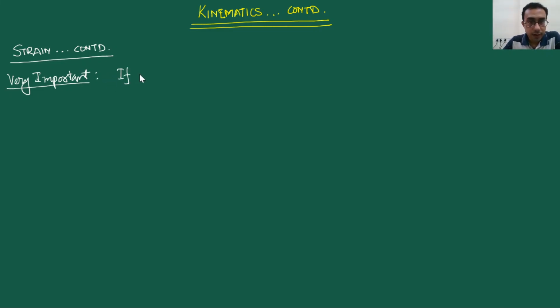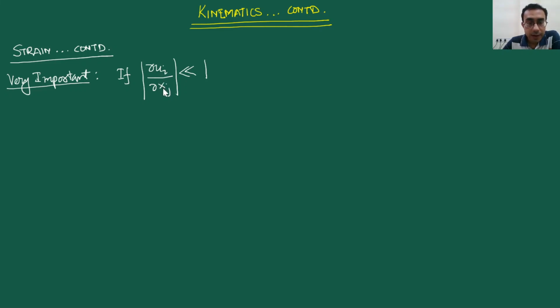So if this generic term del ui del xj has a very small magnitude, meaning that it is very much less than 1, please note that this entire term, del ui del xj, is dimensionless. ui is a component of the displacement vector, and it has the dimension of length.